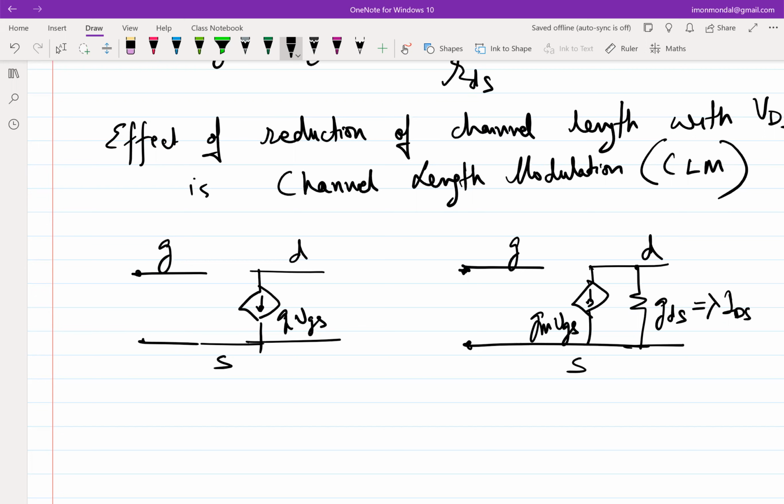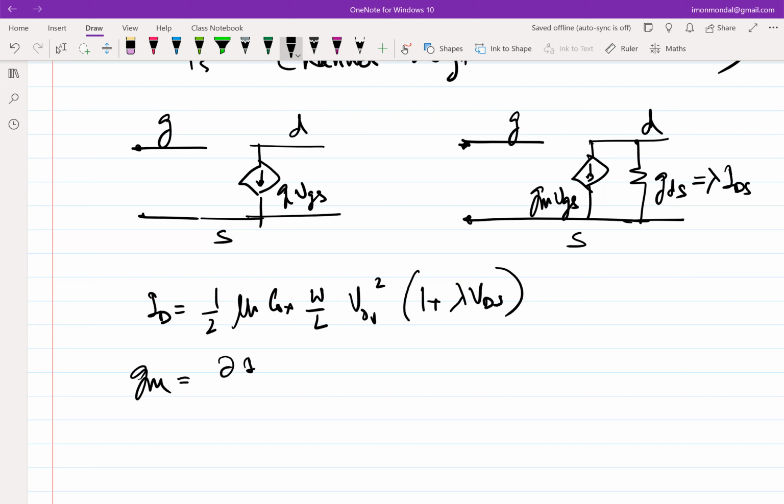The value of GM will change because there is an extra 1 plus lambda VDS term, right? Yeah, good observation. So his point is my ID is half Newman Cox W over L. My GM is delta ID over del VGS, which is embedded here, right?